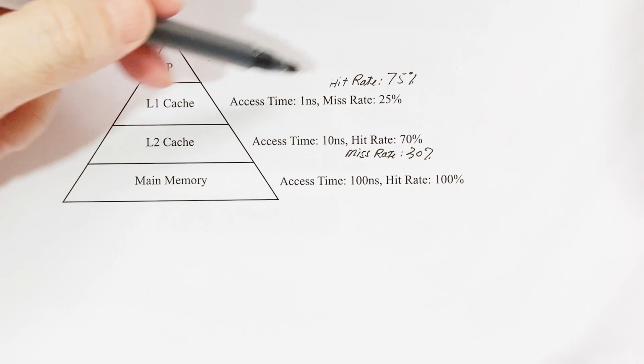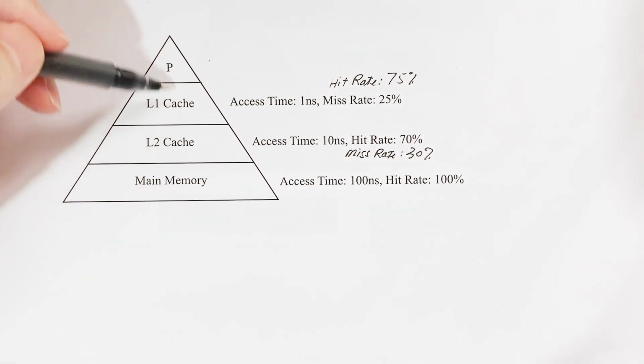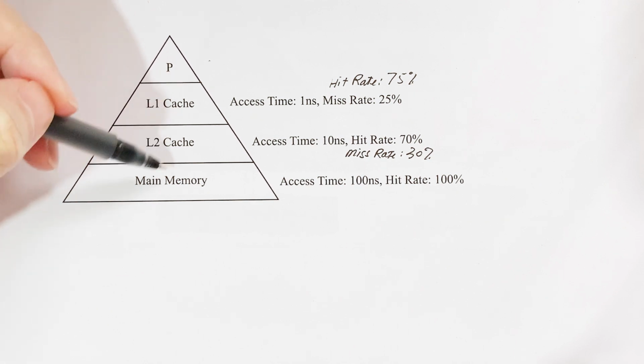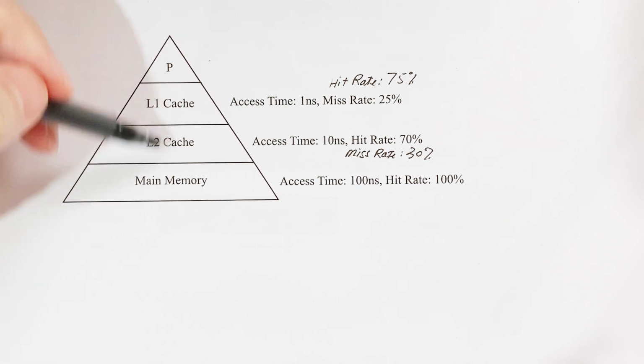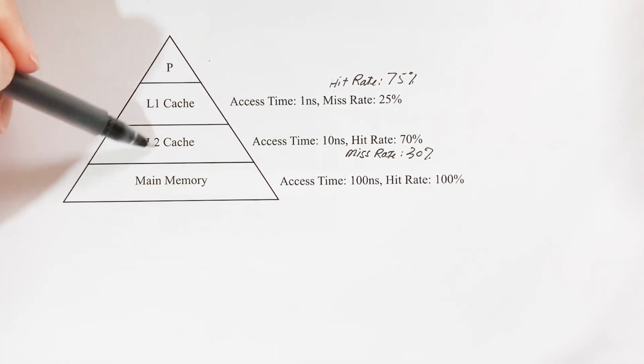So with this performance, we could calculate what would be the average time for a processor to get data from all this memory, based on the hit rates for the level 1 and level 2 cache.